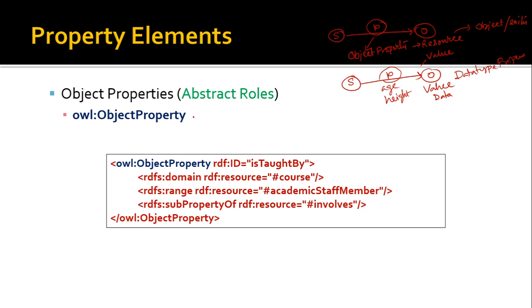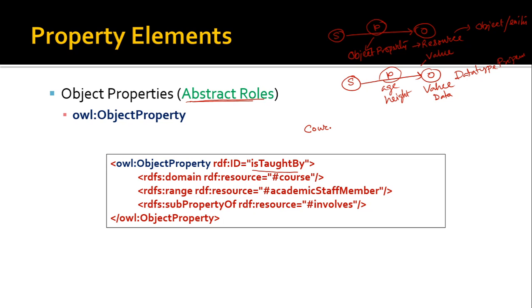So these object properties have got other names also. We can use this name going forward. So these object properties are also called abstract roles, right? They are trying to establish a relationship between two abstract classes. So that's why they are called abstract roles also, right? So let us have an example of an object property, right? If we try to define the relation is taught by, a property is taught by, this is taught by should be having one course.